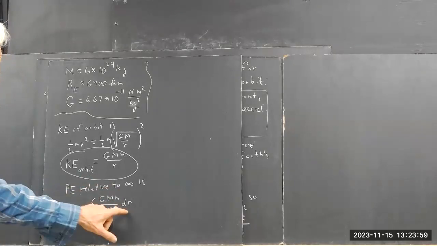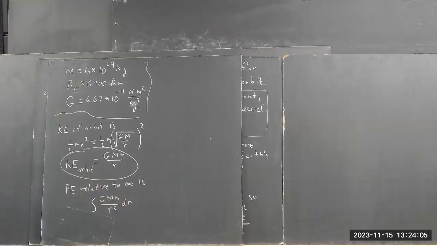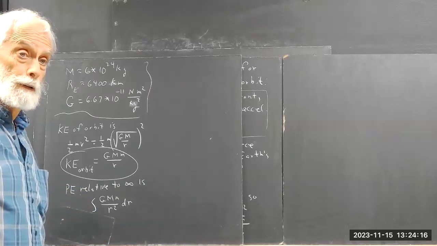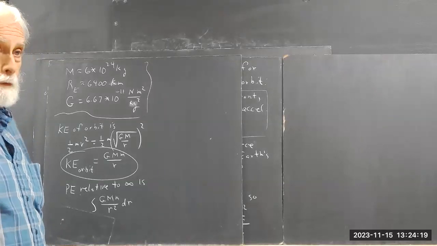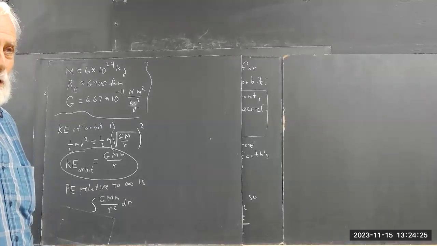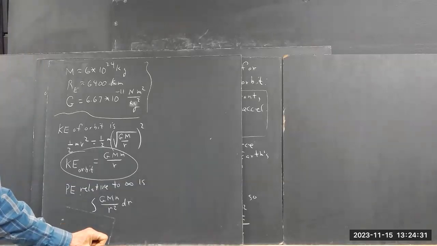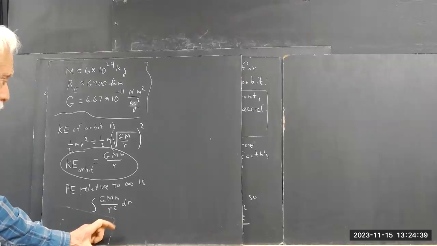You're integrating your force with respect to your position. Okay? Turns out it doesn't matter what path you follow because gravity is a conservative force. Now we'll prove that in general by showing that it's a gradient of a scalar when we figure out what a gradient of a scalar is, which will be along about February in multivariable calculus. And it's not particularly difficult calculation, but there are a lot of fairly challenging ideas around it, so we'll save it. Okay, so here we have it.